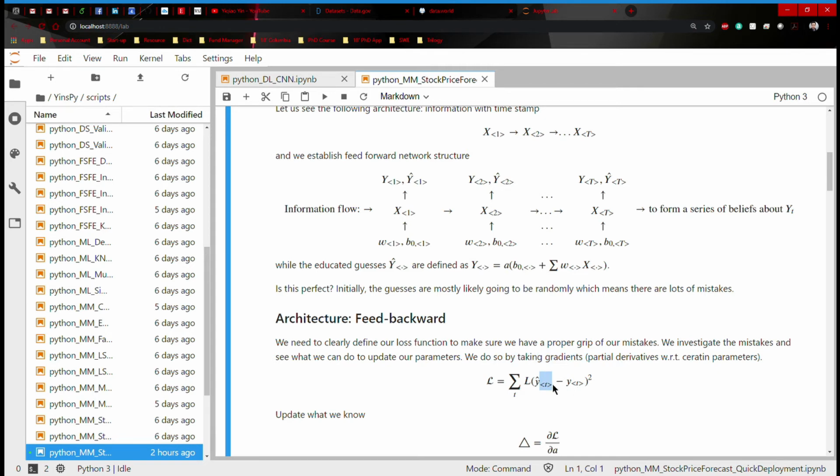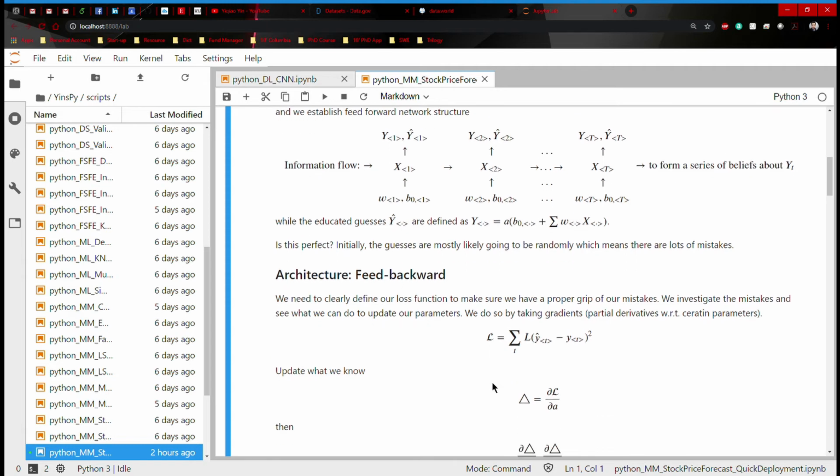Now this is important because not only do we calculate the loss of each time t, we also need to sum all of the loss from t equals 1 all the way to big T. And we call this overall loss calligraphic L. And this calligraphic L is going to be the term that we use to take partial derivative of.